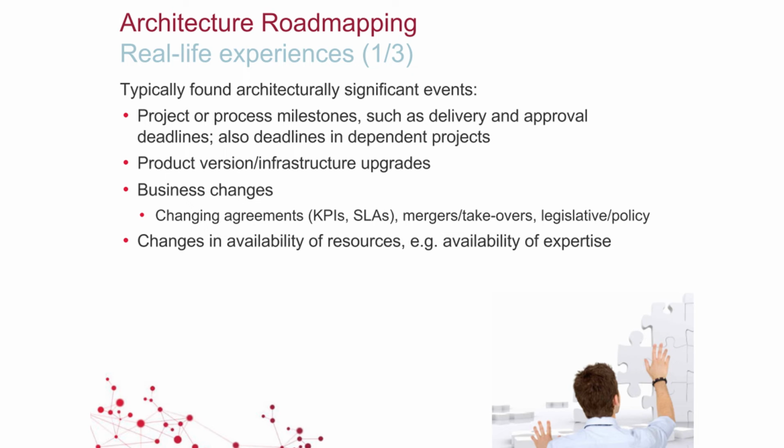Then there's business changes, and these are often very hard to predict. So these may be changes in service level agreements or KPIs of a particular organization. Mergers and takeovers, they just happen. If you know them, if you have some sense of the timing, you can anticipate them. Otherwise, it's harder.